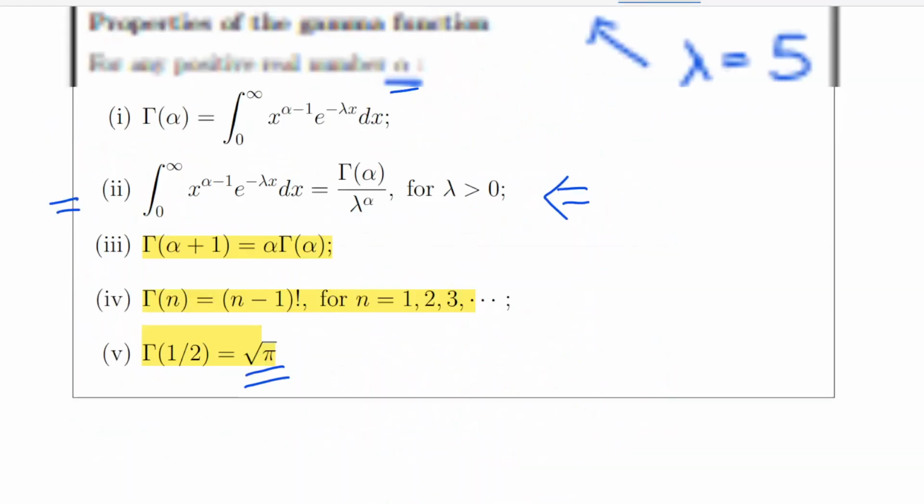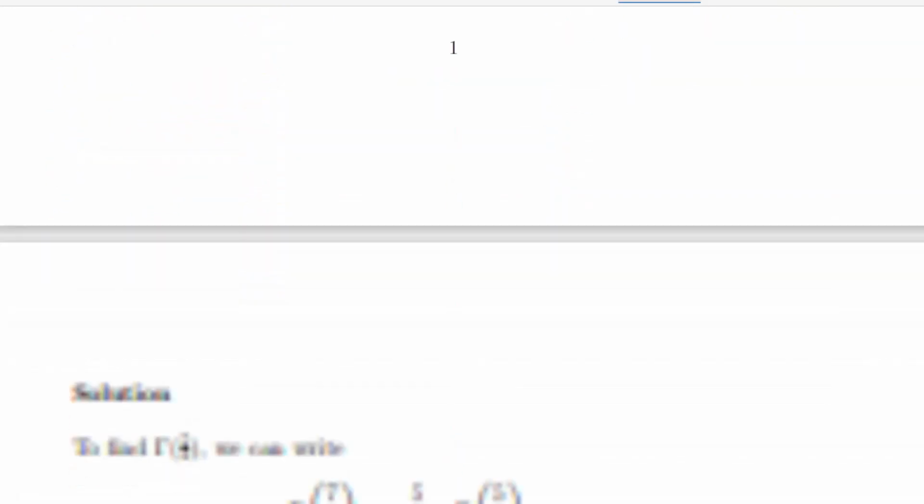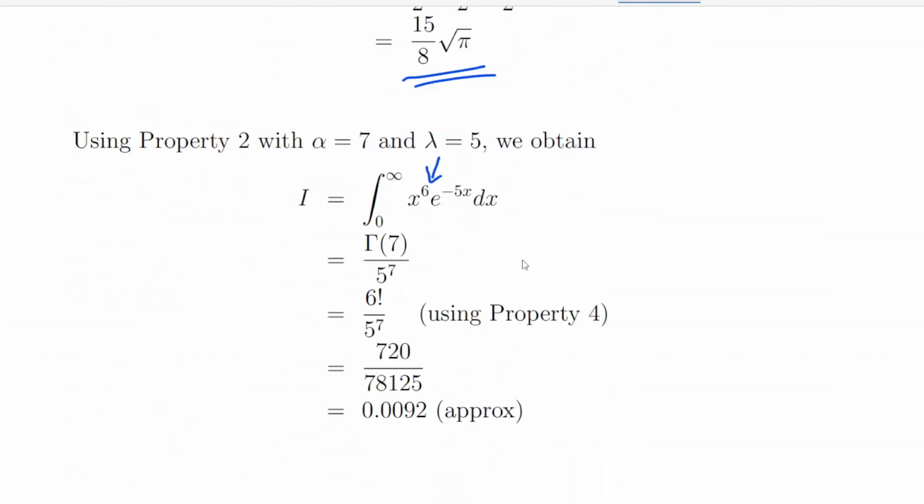Knowing what alpha and lambda are, we can find the value of that integral. It's the gamma function of alpha divided by lambda to the power of alpha. Alpha is 7 and lambda is 5, so the gamma function of 7 divided by 5 to the power 7.